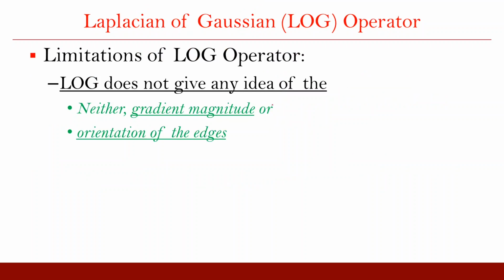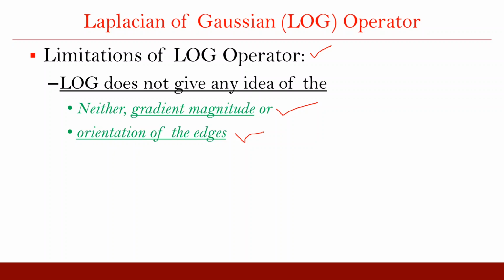There are two limitations of this operator. As at the beginning I said, using the second order derivative, you cannot compute the gradient magnitude or the strength of the edge, and also you cannot compute the orientation of the edge.